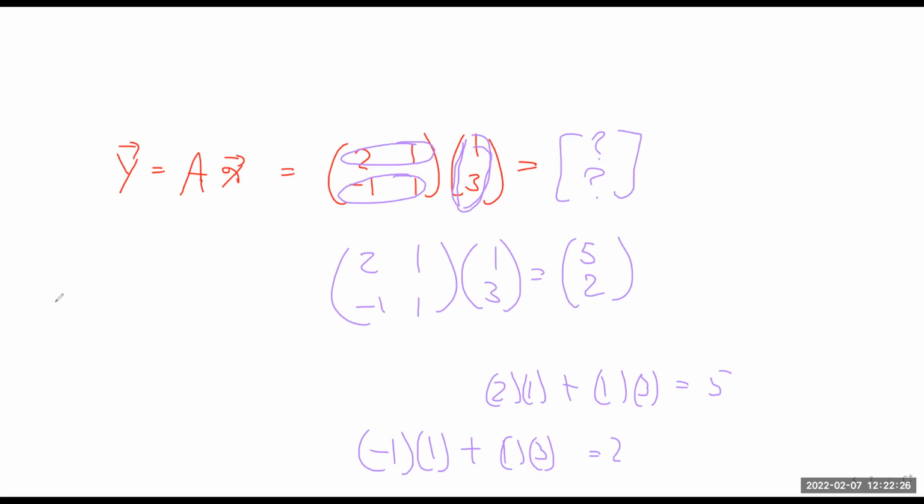So if you think about it, the intuition of what we just did here is that we have a vector space, right? Think of it that way. And we have the vector x.